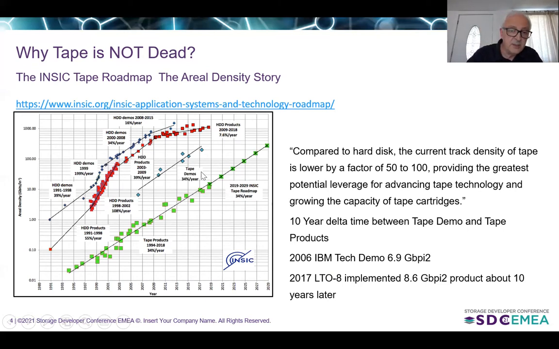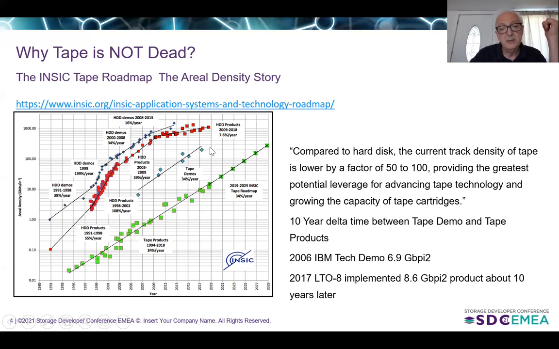But during that entire time, tape linear density had enjoyed the same constant growth rate of 34% per year, which is incredible. We never increased it. We never slowed down. We kept maintaining that constant growth rate. The same with projected estimated tape demos, which is also around 34% per year.